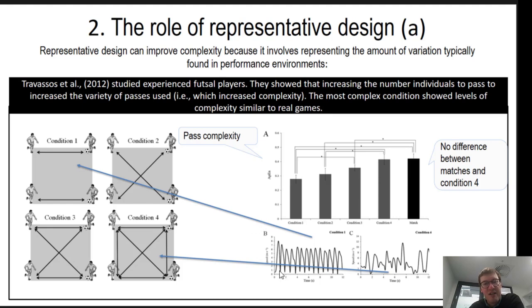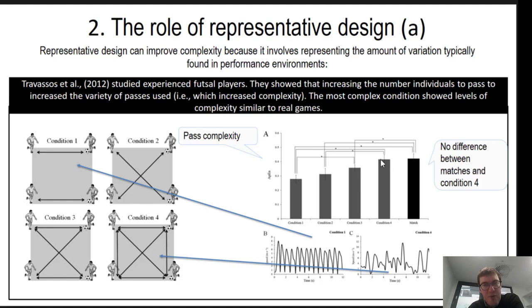And they obtained the approximate entropy of that time series. Okay. In condition 1, we can see that the entropy is relatively low. And then as we increase the degree of complexity, the approximate entropy increases, okay, all the way up to condition 4, which shows the highest level of complexity.